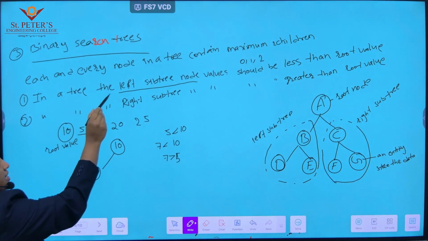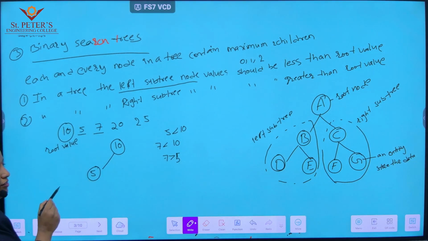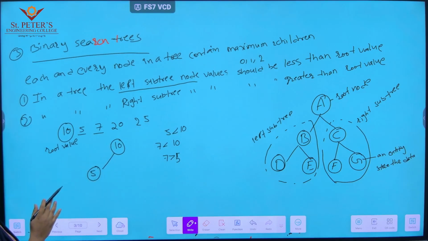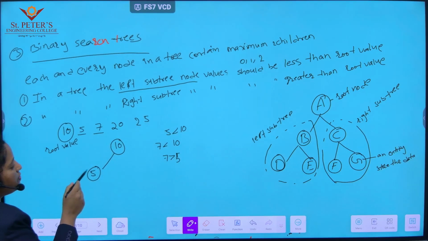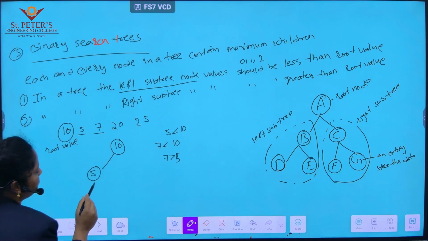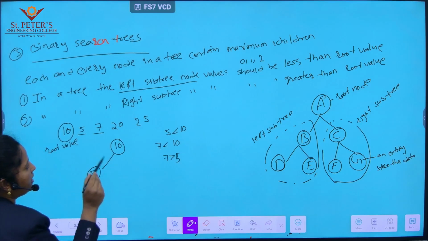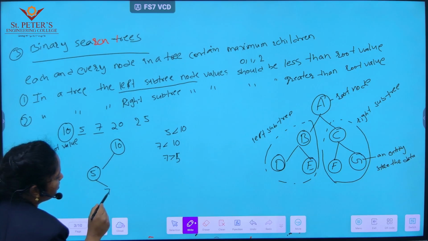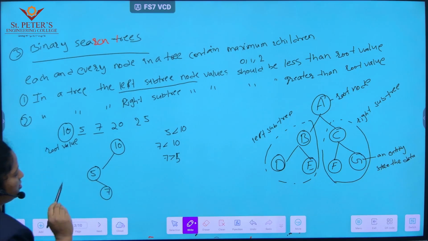If less than, it goes to the left side; if greater than, it goes to the right side. So 7 is placed as the right of this 5.